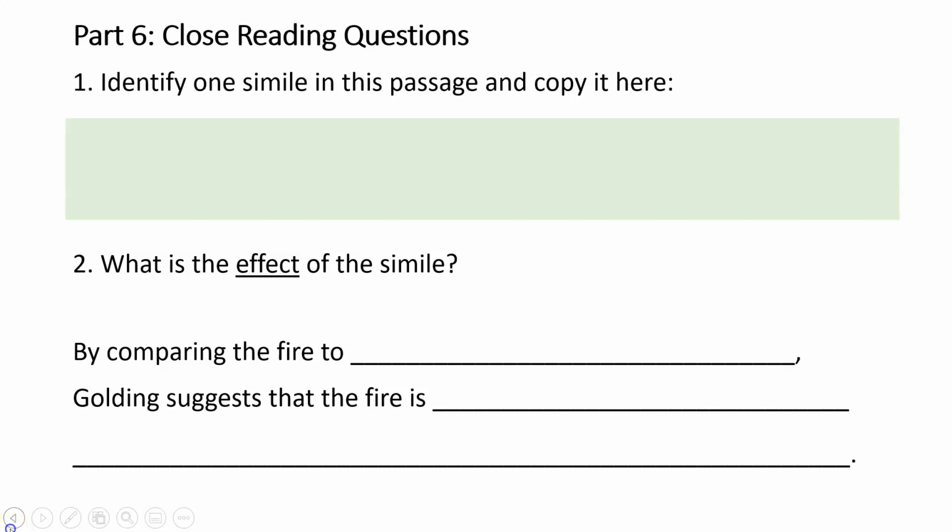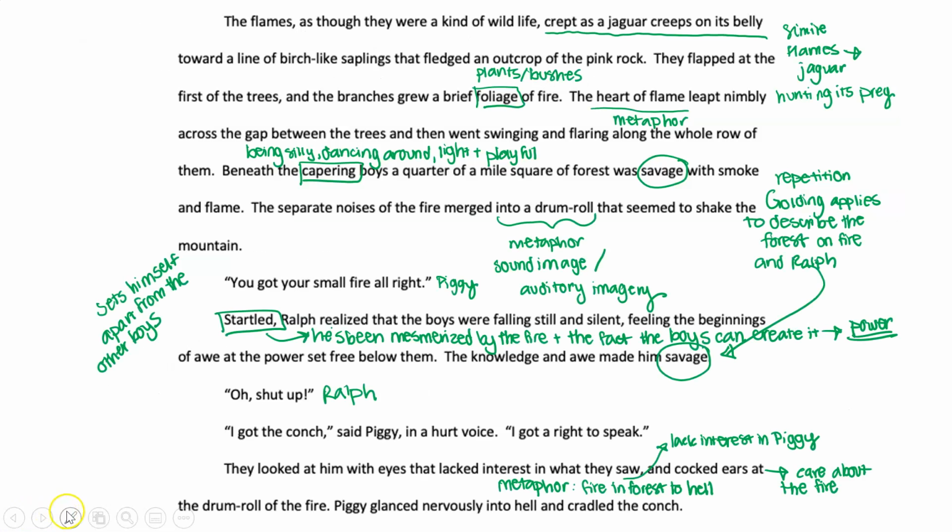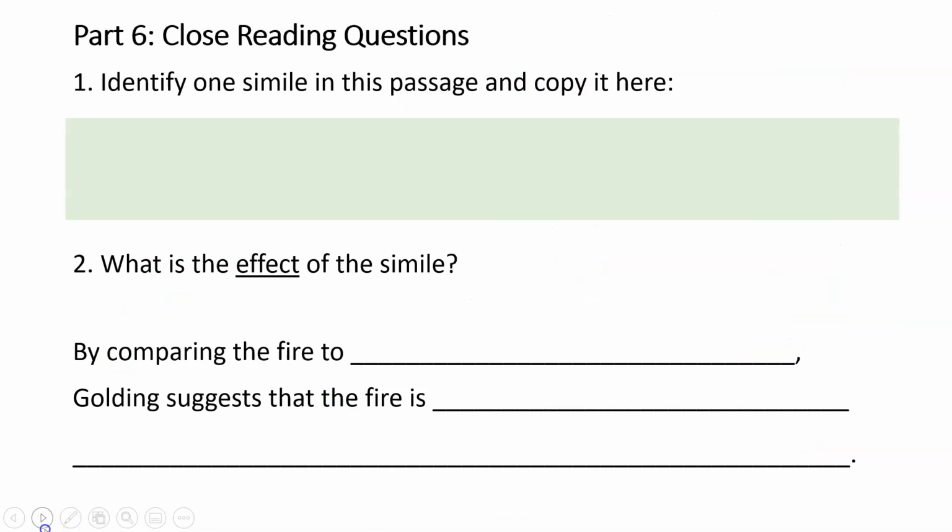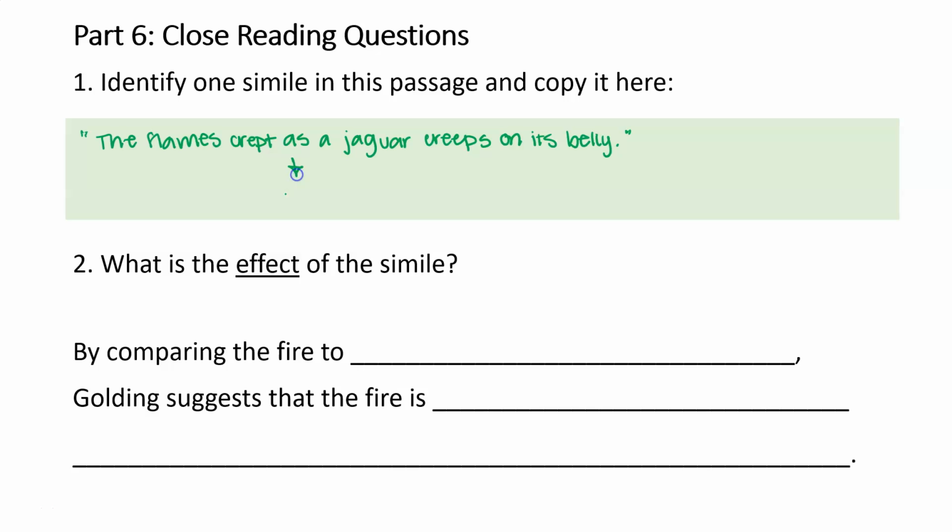So the simile that we identified was "the flames crept as a jaguar creeps on its belly." So this is a simile because it's using the word like or as to make the comparison.